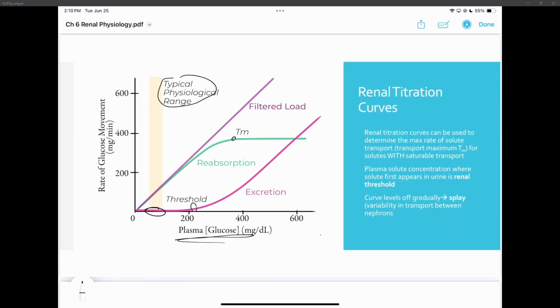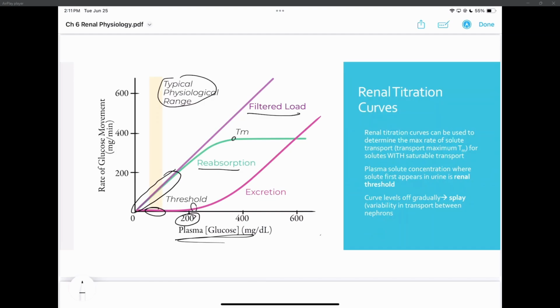And when we have that, the filtered load is easily reabsorbed, which is that green line. When they're together, that means we're able to reabsorb all that glucose and it'll never appear in the urine. However, as you start getting around 200, constantly, not just because you ate something and went up to 200, you're fine.